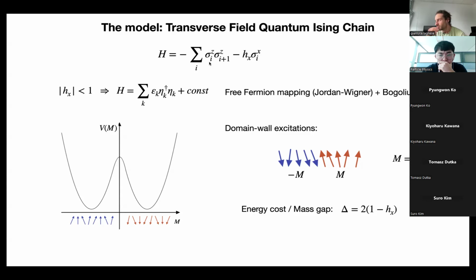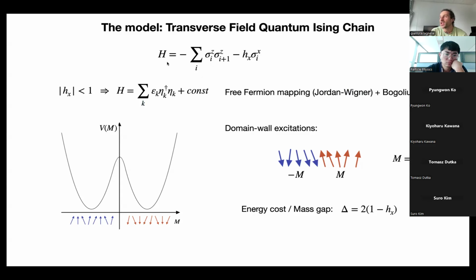From there you do a Fourier transform and a Bogoliubov rotation, and then you can write down the Hamiltonian in diagonal form. So basically, you can decouple the modes. You can find these fundamental modes encoded in the momentum K, and then you get some dispersion relation, epsilon K.